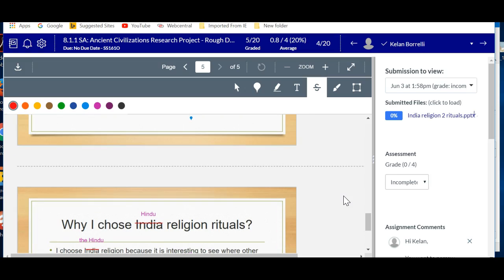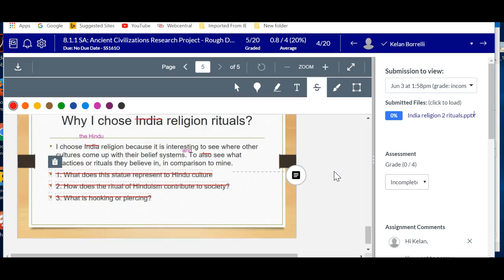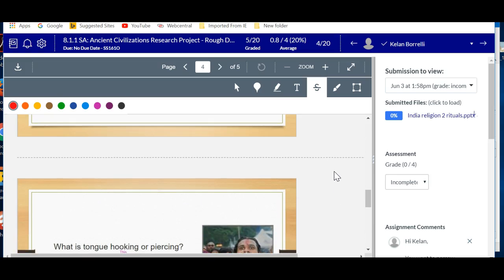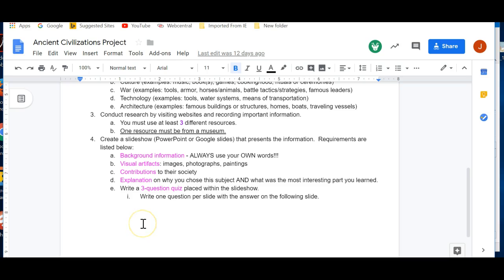All right, now the rest of it, you need to make sure that you include the quiz. And I think that's it. One moment. Yep, just the quiz, okay? So you have your background info, you have your visual artifacts, contributions.